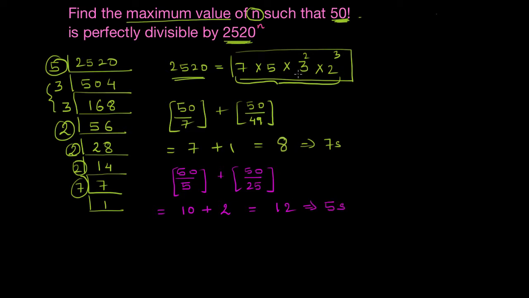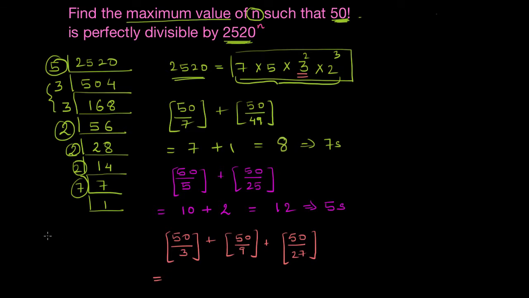Now let us count the number of 3 squares. In order to do that, let us count the number of 3s first. So 50 divided by 3, greatest integer, plus 50 divided by 3 square, that is 9, plus 50 divided by 3 cube, that is 27, 50 divided by 3 to the power 4, that is 81. So that will give me 0 as the greatest integer. So I won't go beyond this.